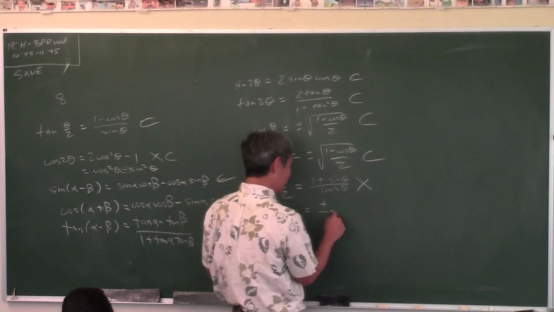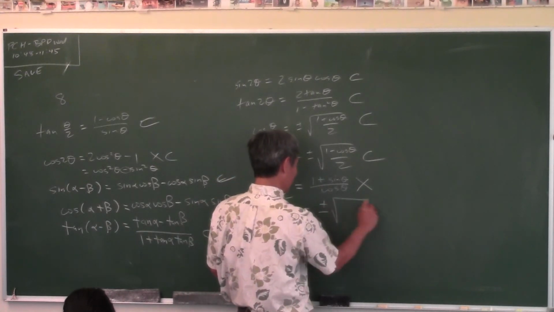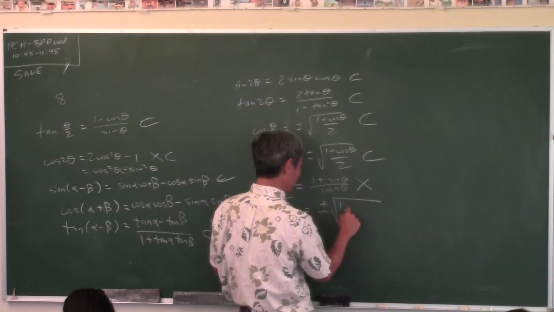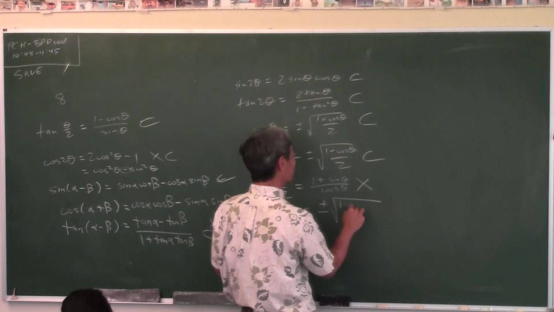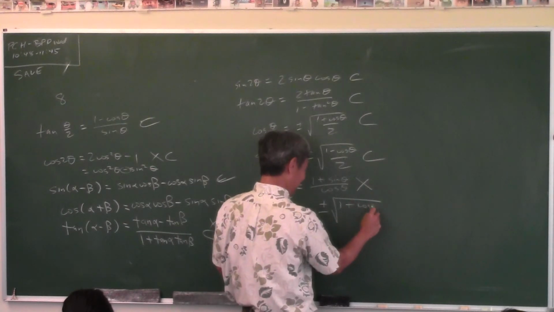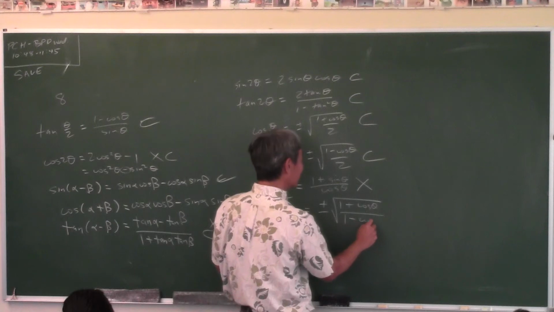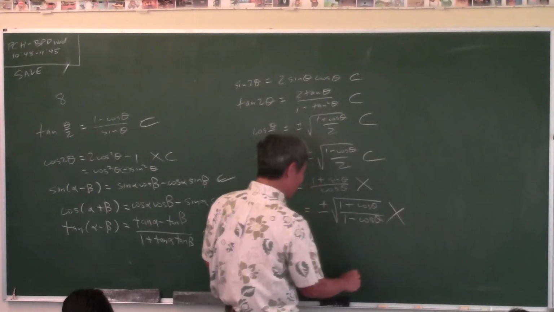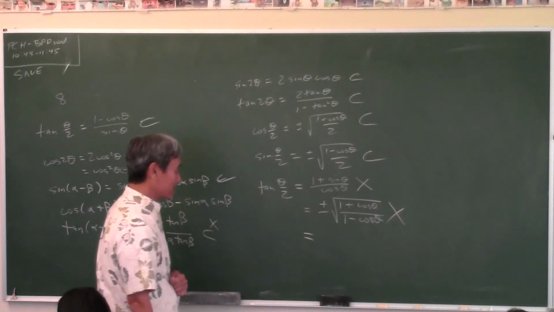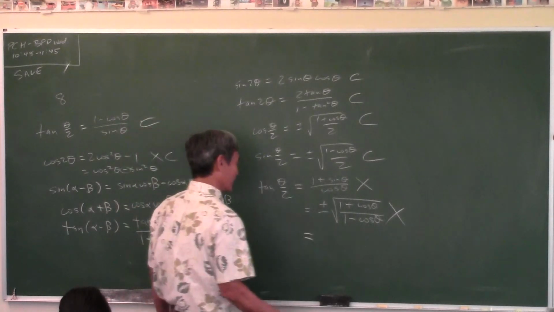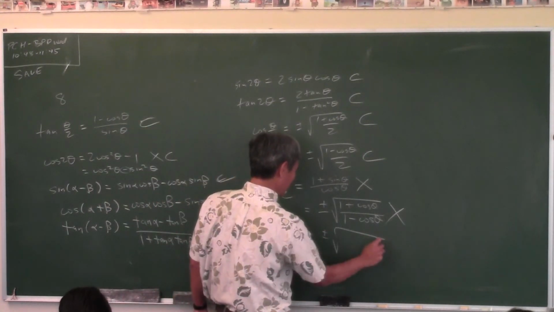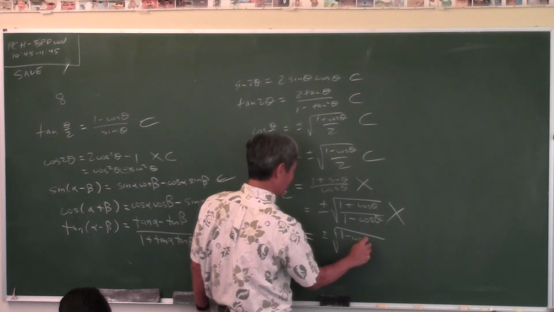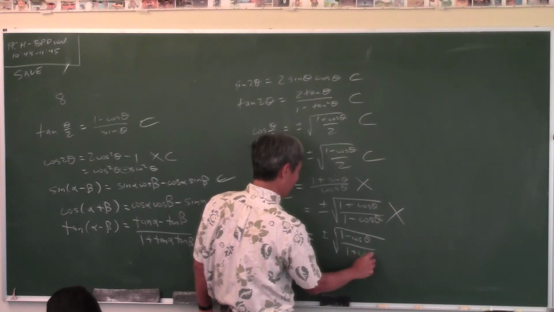Okay, plus and minus square root 1 plus cosine theta over 1 minus cosine. Wrong! Next. Plus or minus square root 1 minus cosine theta over 1 plus. There you go, that's correct.